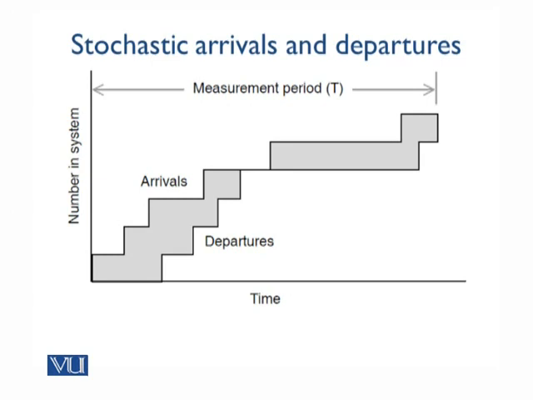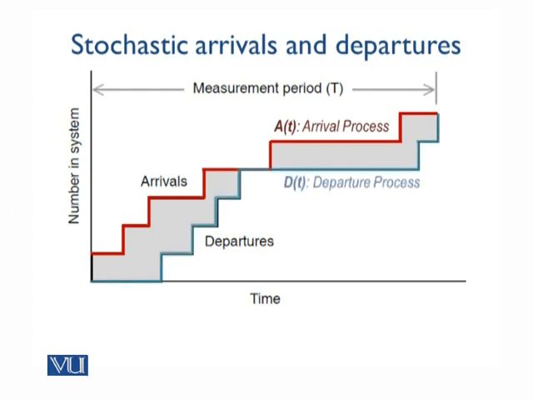This is not the same as the number of customers in the system. This actually tells us which customer is currently in the system. You can see the arrival process, which we express as a function of t, written as a of t. And we also have a departure process, expressed as d of t.